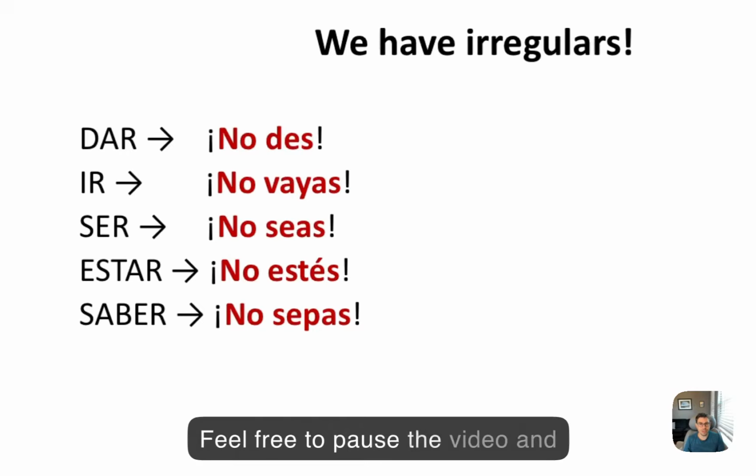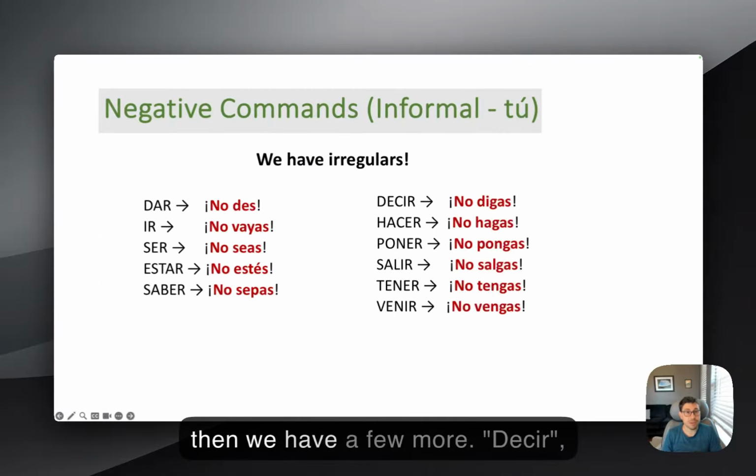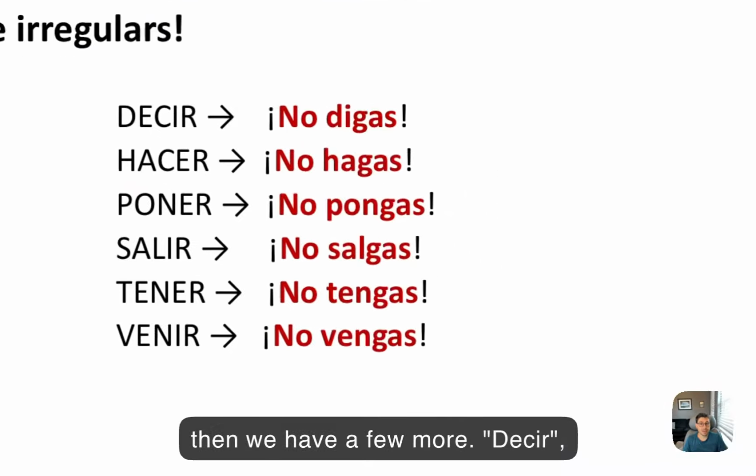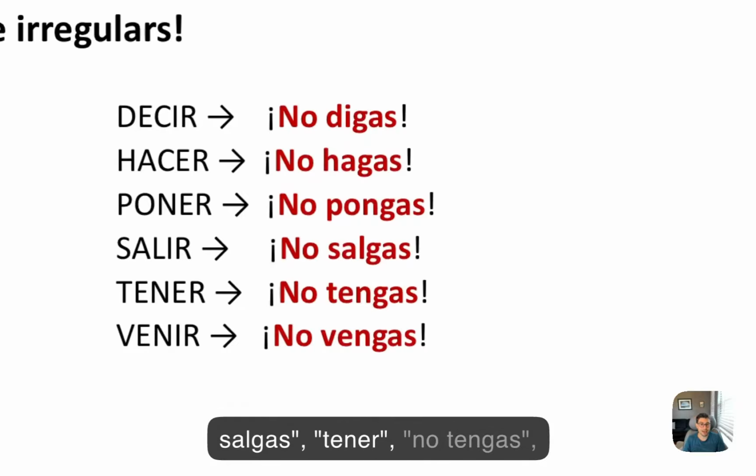Feel free to pause the video and repeat them a few times. You just need to memorize them and then maybe try creating sentences so you really remember them. And then we have a few more. Decir, no digas, hacer, no hagas, poner, no pongas, salir, no salgas, tener, no tengas, venir, no vengas.